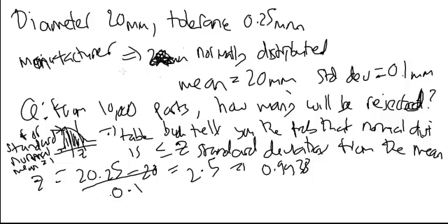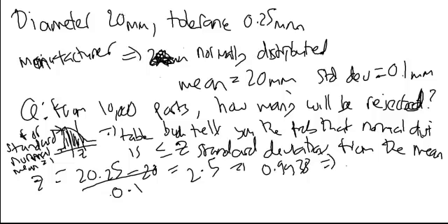So that's the probability that my manufactured component is less than or equal to 2.5 standard deviations, or 0.25 millimeters, from the mean. So the probability that the manufacturer makes something which is acceptable is 99.38%.